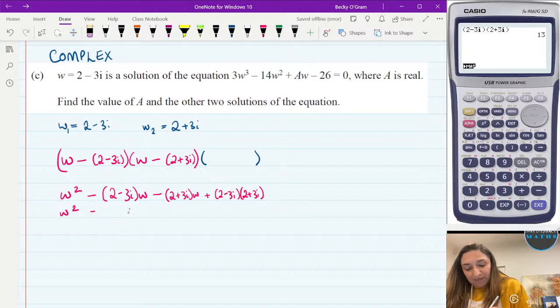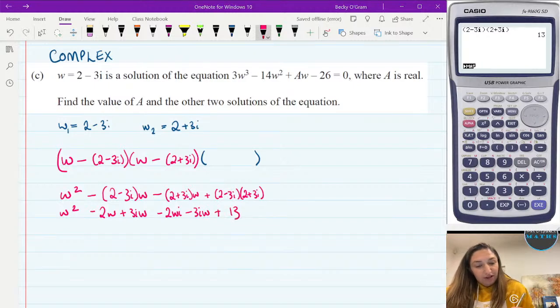So this portion just here. Oh, actually, at this point here, I'm now going to multiply out by the w. So this is minus 2w plus 3iw, minus 2w minus 3iw, plus the 13 that we just got from the calculator for those two bits being multiplied together at the end.